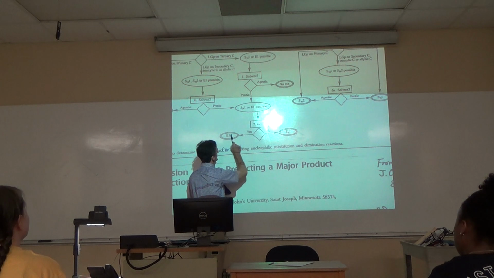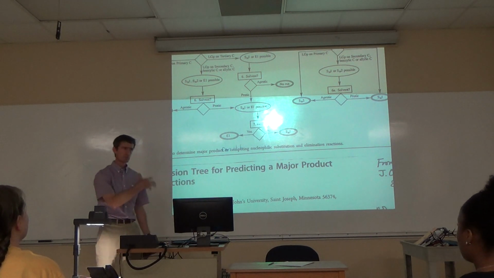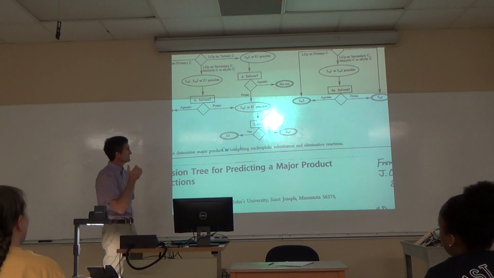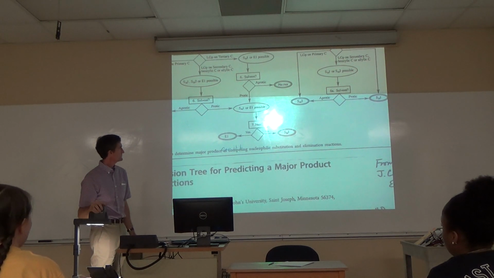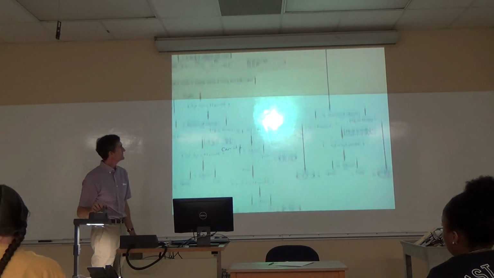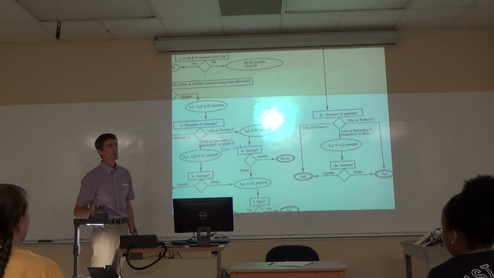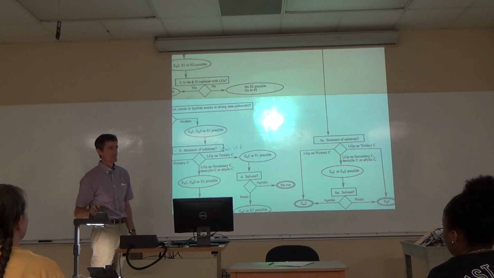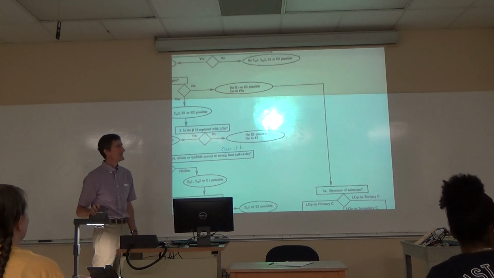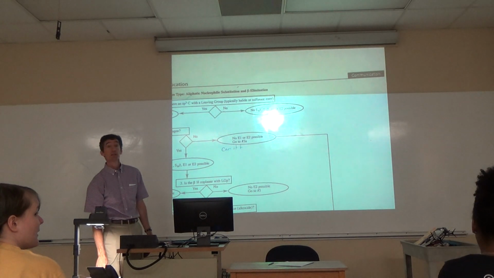Didn't we say that heat favors elimination? Yeah. You just have to be careful, because you can't always say it's heat, or you can't always say it's elimination. It can be confusing. There are decisions to be made here.